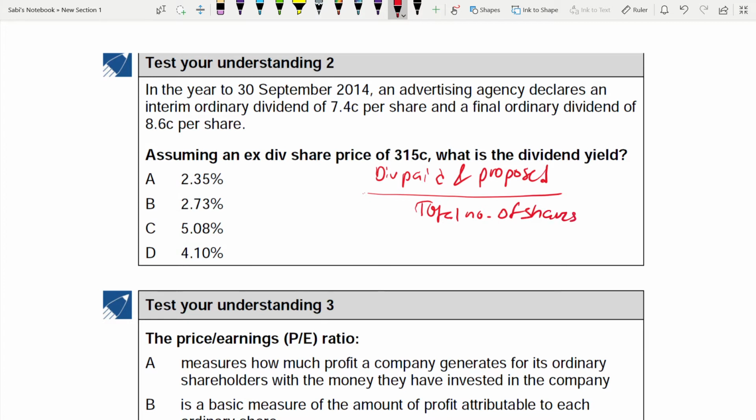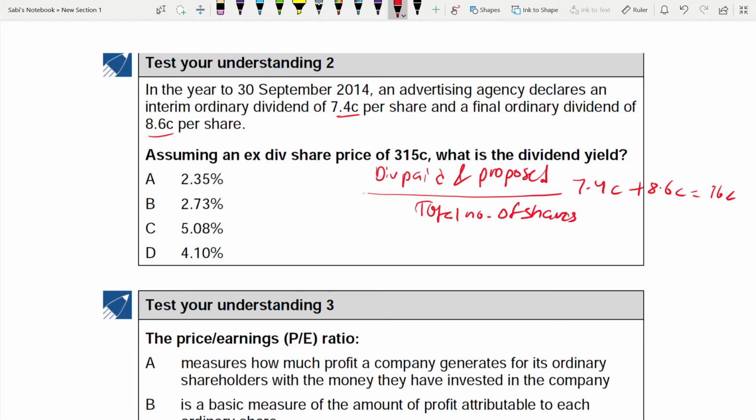Okay, so can we write the formula first? What is the formula? Interim ordinary dividend, that means this is proposed 7.4 and the dividend ordinary dividend 8.6. So you add both, 7.4 C plus 8.6 C. What is it? The total is 16 C. Can you see that?